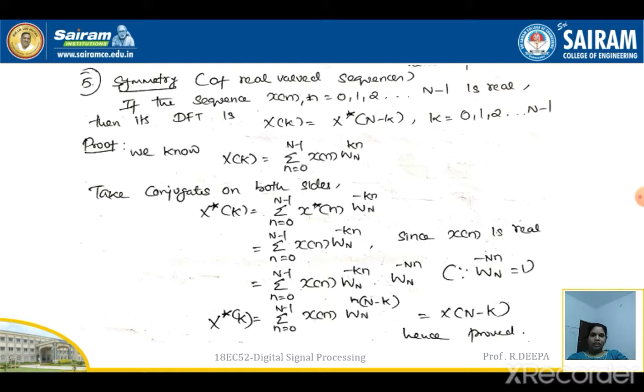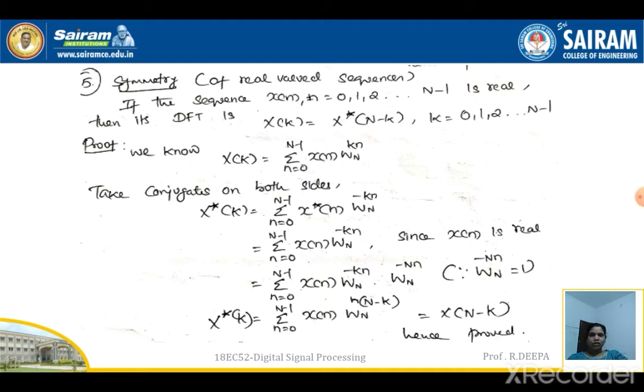We'll start with the DFT expression X of k. By the definition of the DFT, X of k is equal to summation n equal to 0 to N minus 1 x of n W_N power of kn. Now let us take the conjugate on both sides.